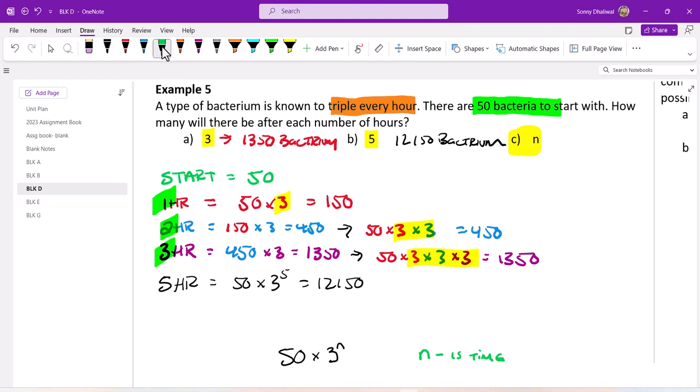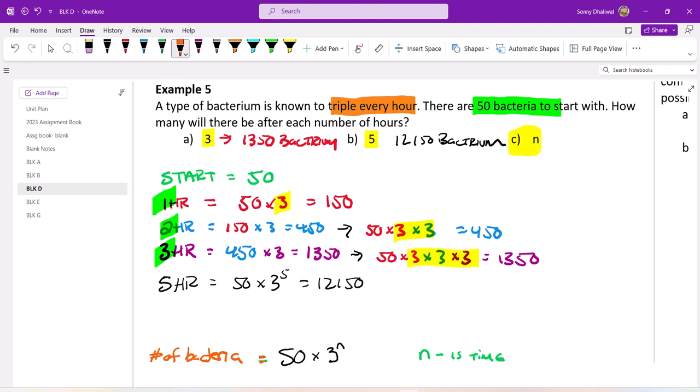After 2 hours, n is 2, right? And if this is an equation, we need something it equals. What does it equal? This equals our bacteria count, number of bacteria. So we create an equation that predicts how many bacteria there are.